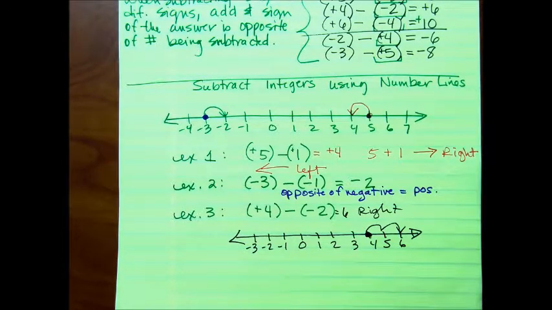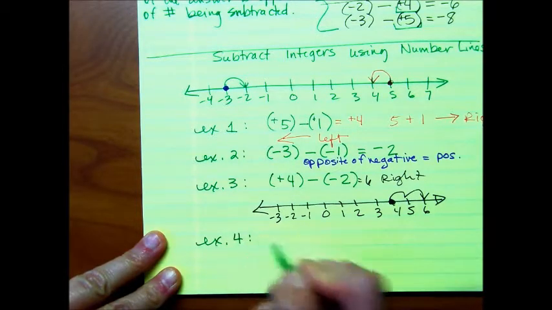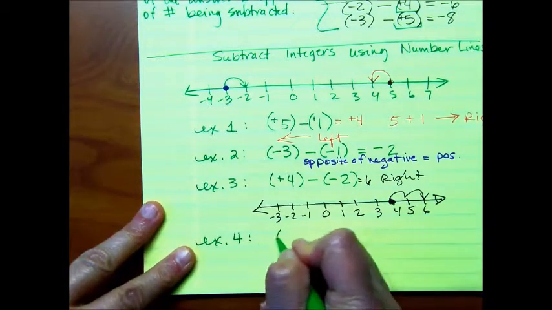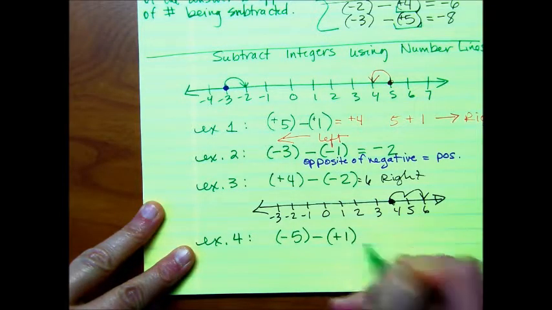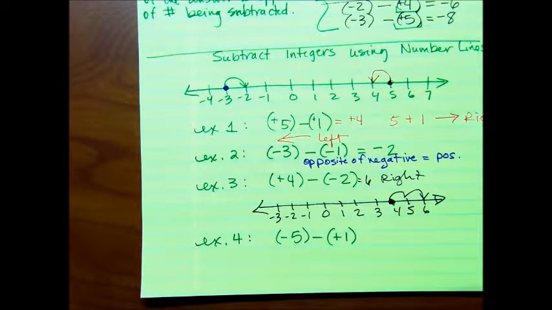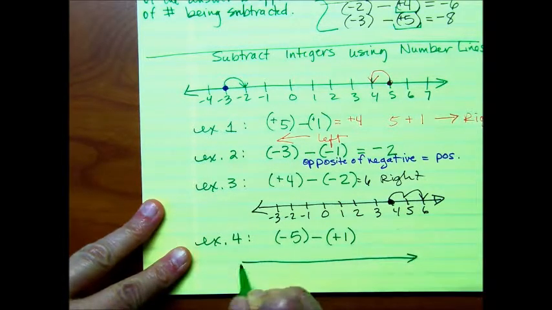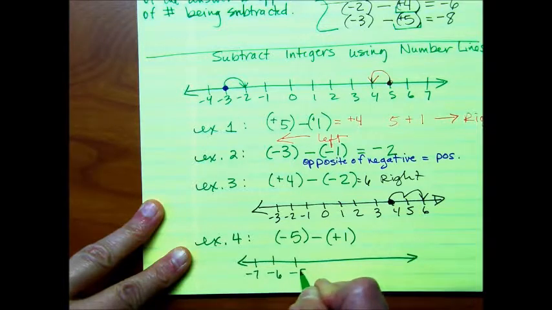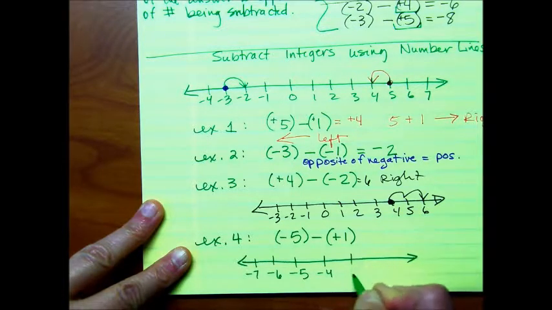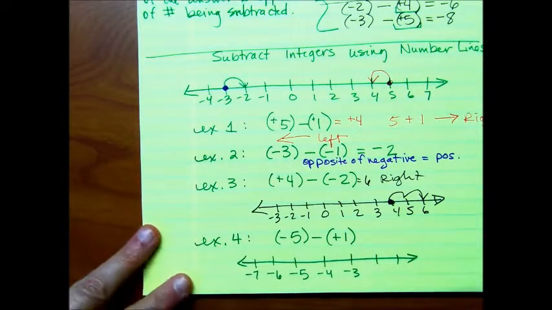And I'm going to do one more example with a number line. Let's say we have a negative 5 and I want to take away a positive 1. Negative 5, positive 1. And let me go ahead and draw another number line here. And I'll go negative 7, negative 6, negative 5, negative 4, negative 3, and so on. Okay, so again, I want to find negative 5.